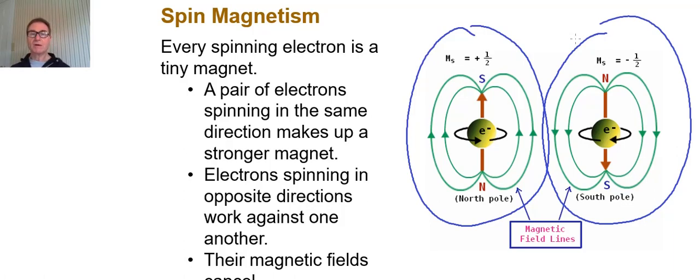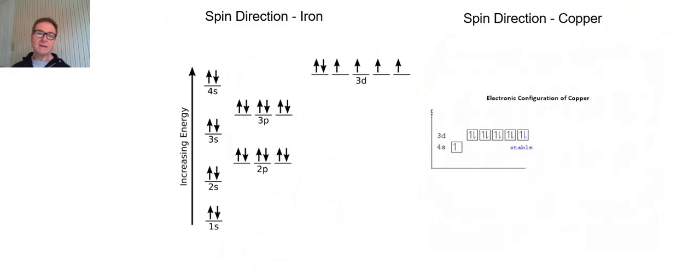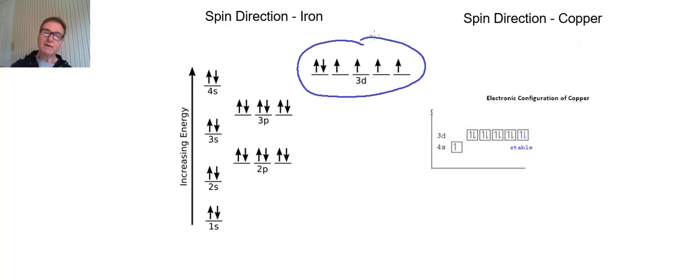However, some materials we find are quite magnetic, iron being one of them. If we look at the electron configuration of iron, what we found out is in the outermost shell, I have 1, 2, 3, 4 unpaired electrons.